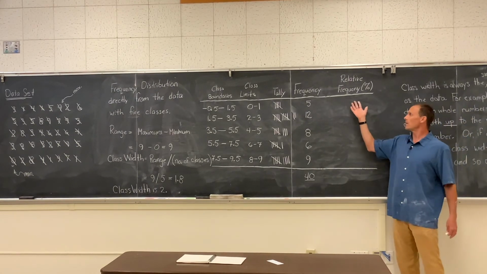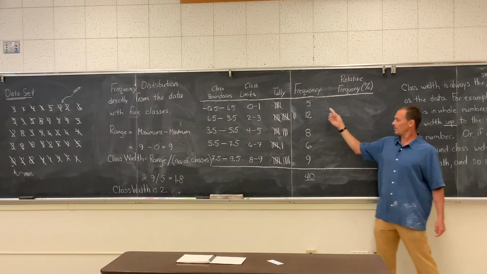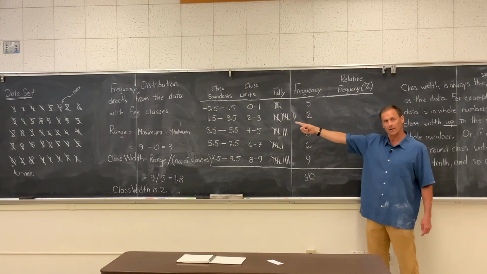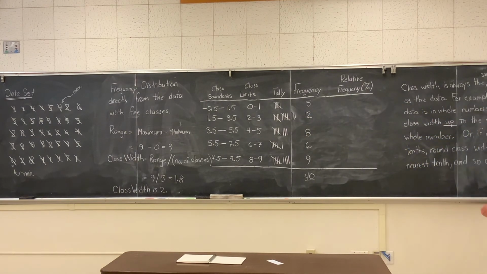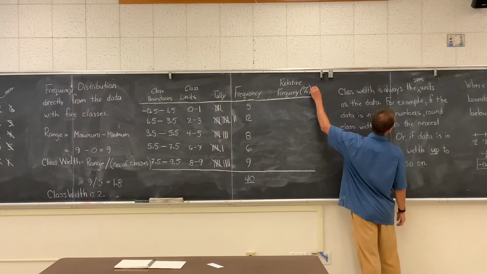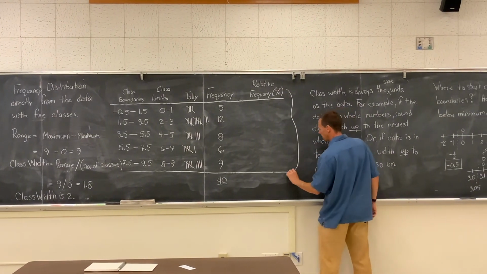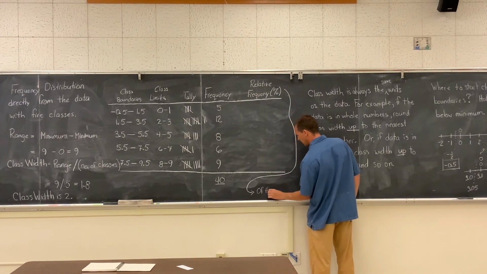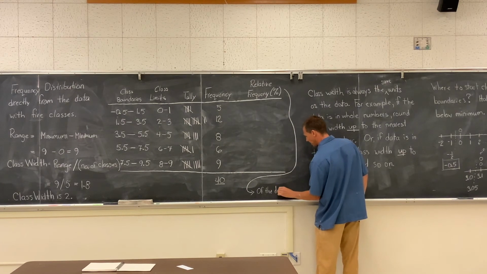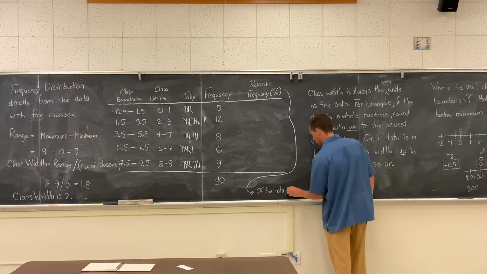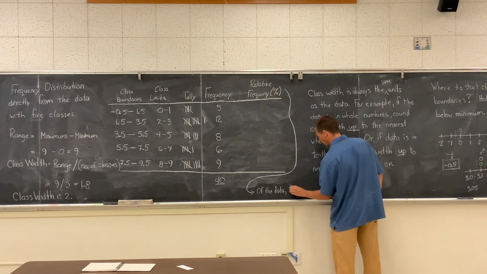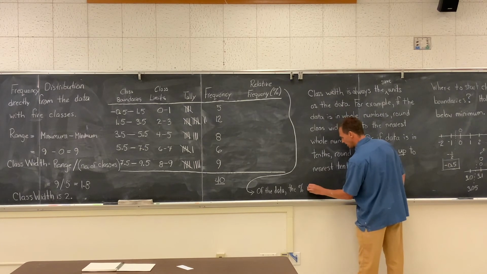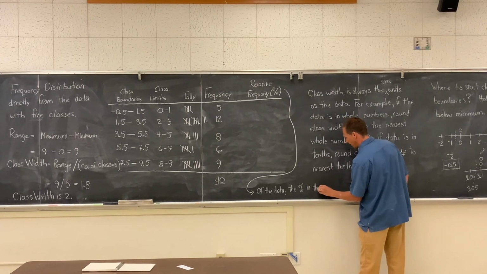In other words, what it's saying is of the 40 data values, what percentage of them are in the first class? So let me write that down. Relative frequency, I'm kind of running short of space, but that's okay. It's of the data values, it's the percentage, it's the percent in that class.